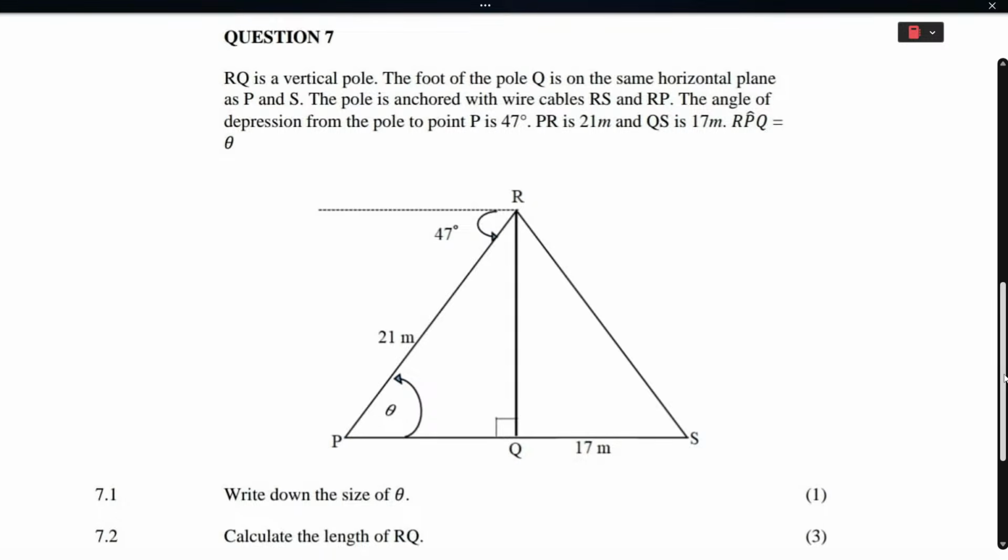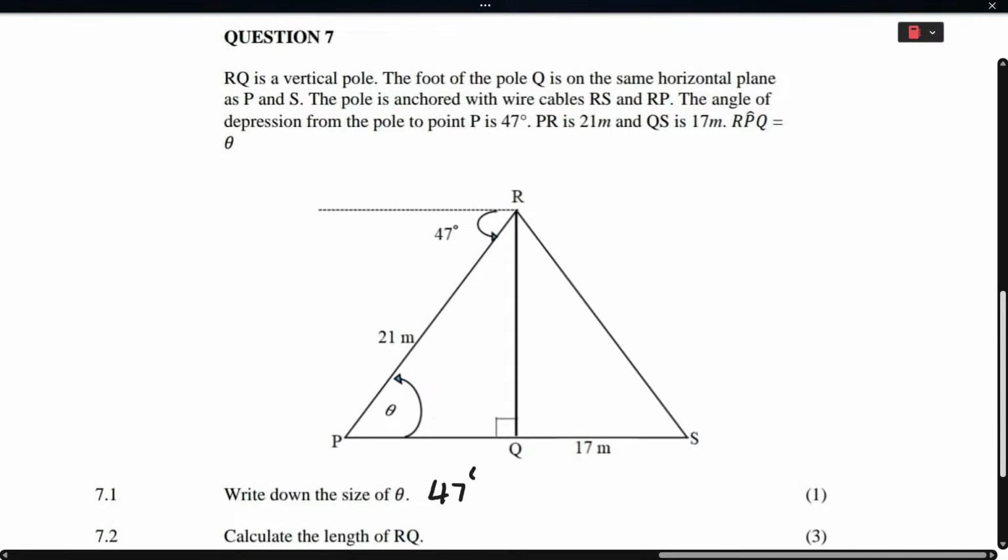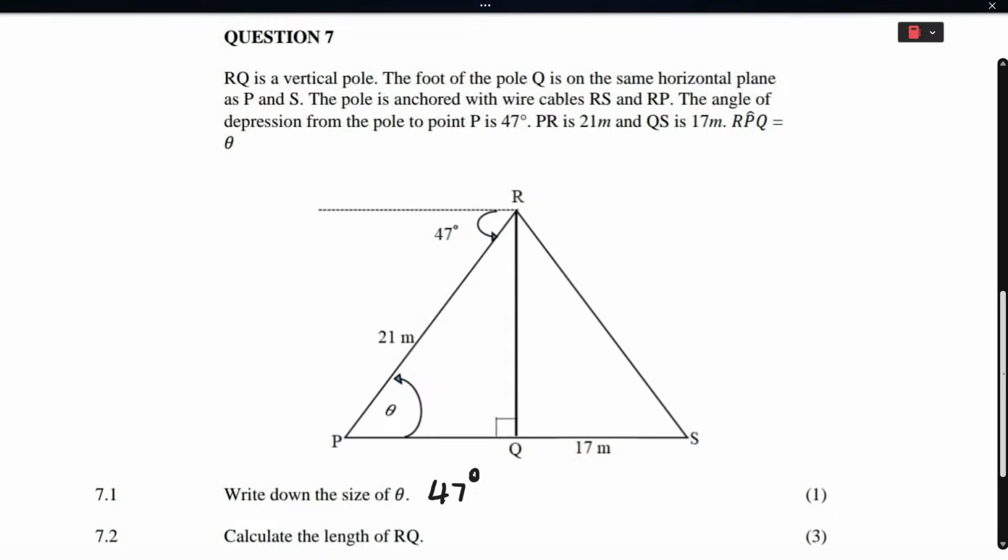Yes, that's very good, Clonico. The size of theta is 47. Correct, it's 47 degrees.